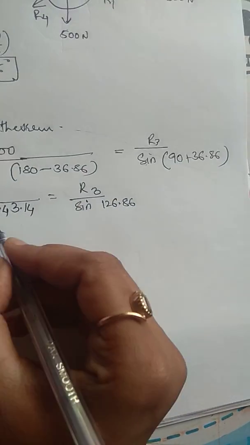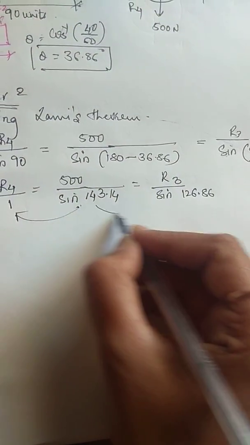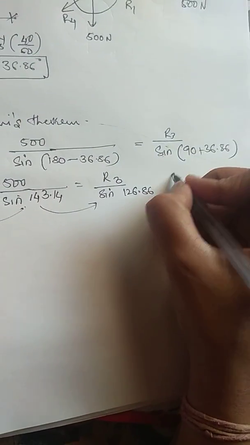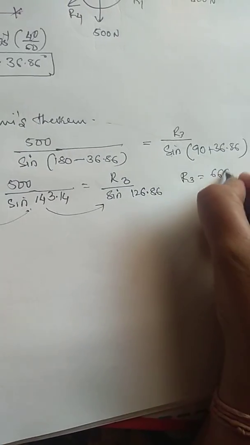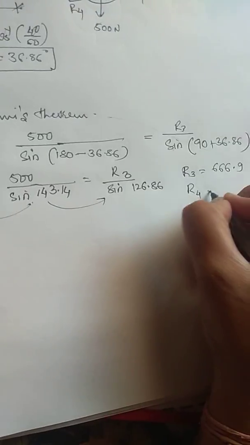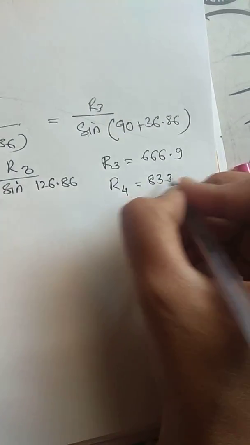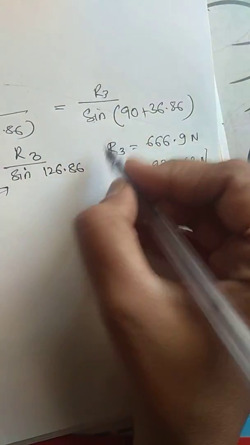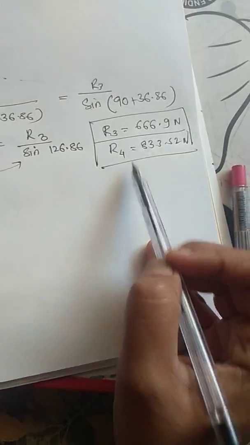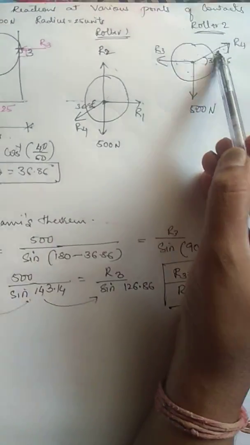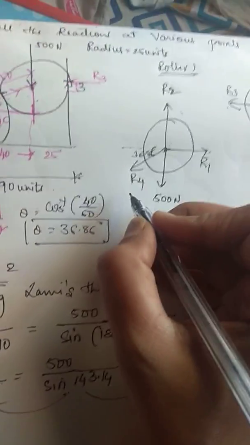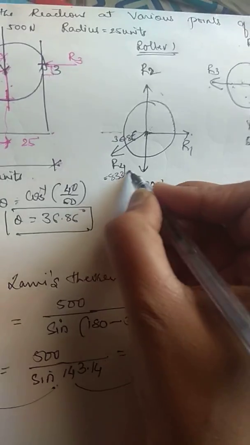So on solving, I'll equate this equation with this equation, and I'll get the unknowns R3, which is 666.9, and R4, which is around 833.52 newtons. So we get the two values here, R4 and R3. Please solve all of you and see that you get the same answer. So in this roller, now we are done with these two unknowns. I got the value of R4, which is 833.5. So here to this roller, R4 is going to be 833.5 now.